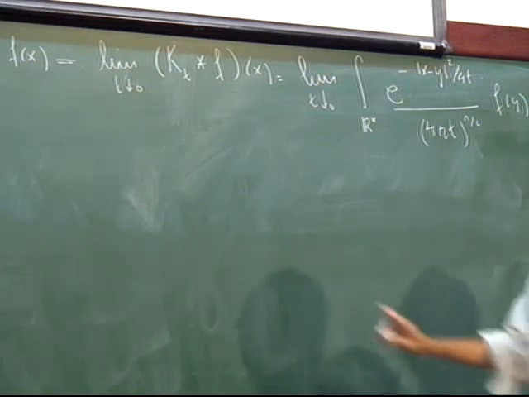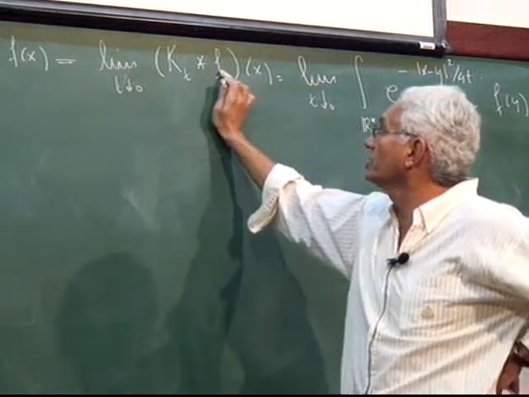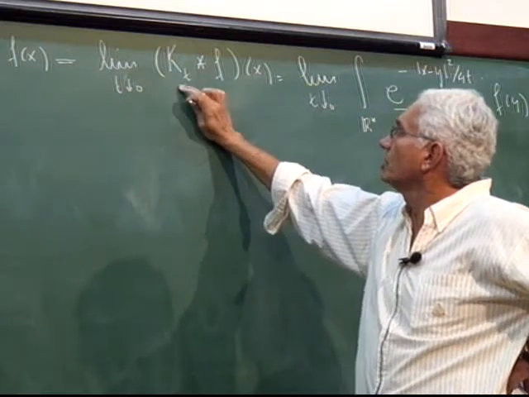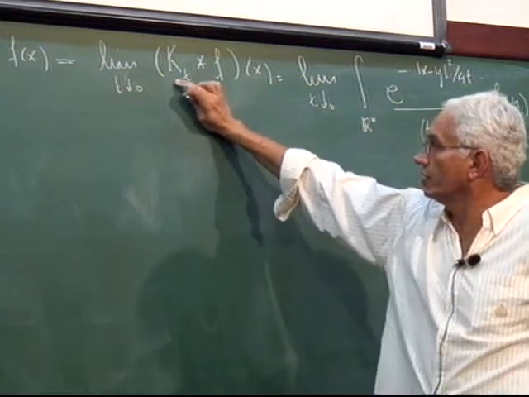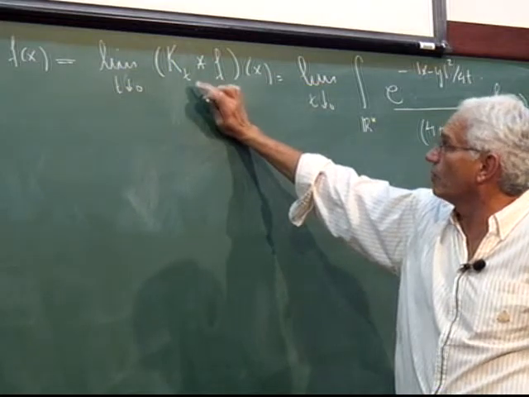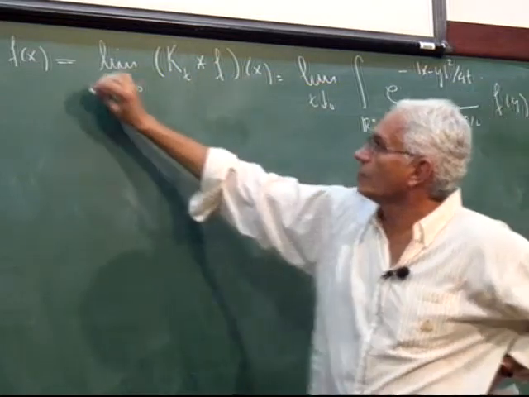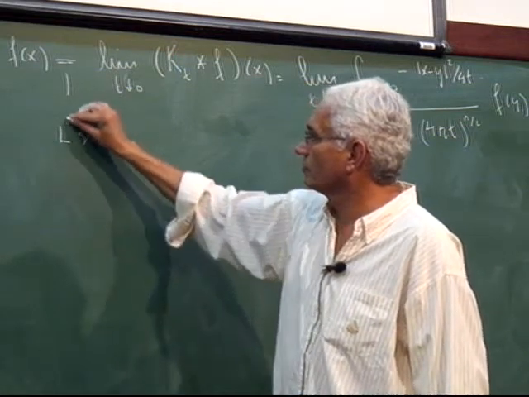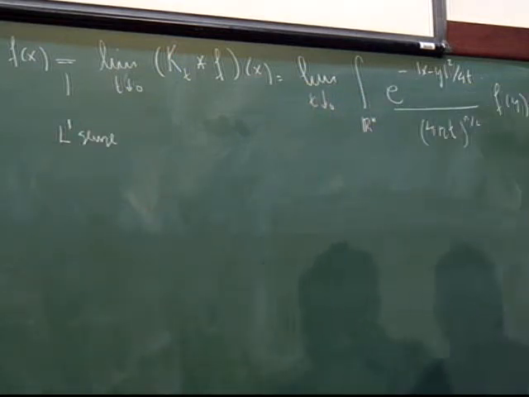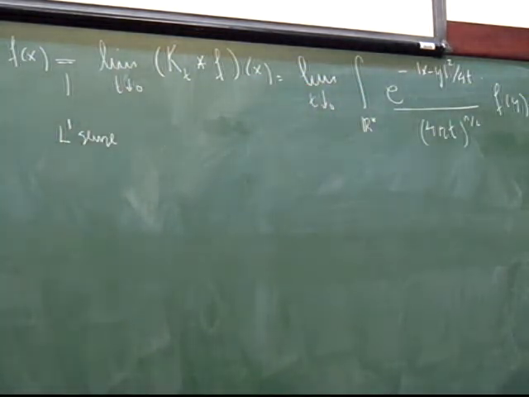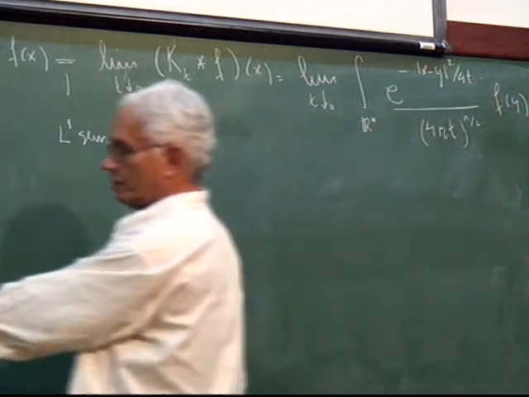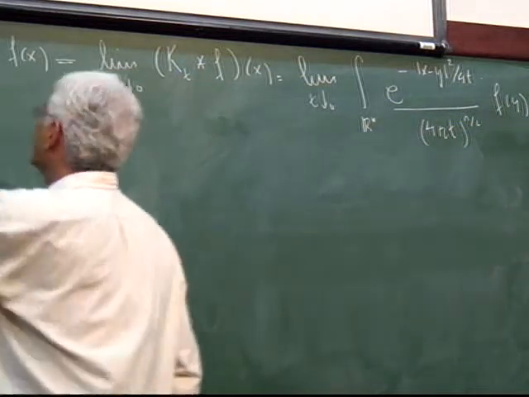Okay, this is true. This is a convolution with an approximation of the unit. The unit will be the delta that is not in L1, but this is in the L1 sense.